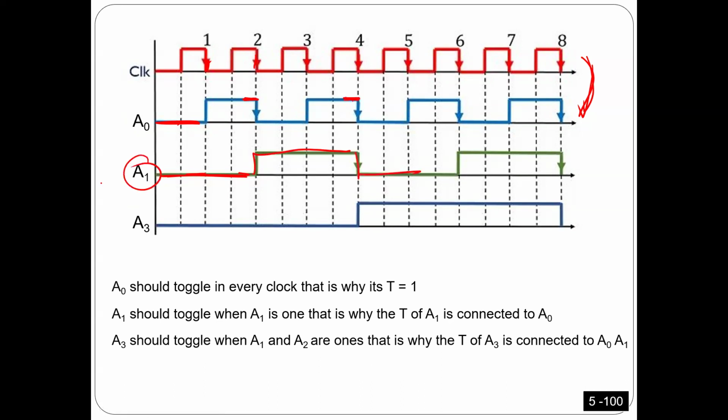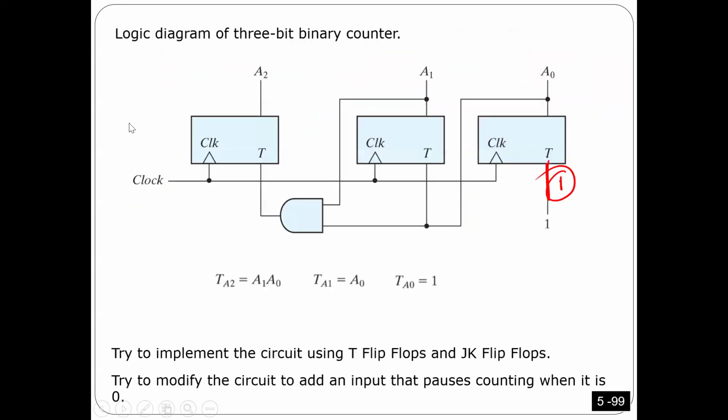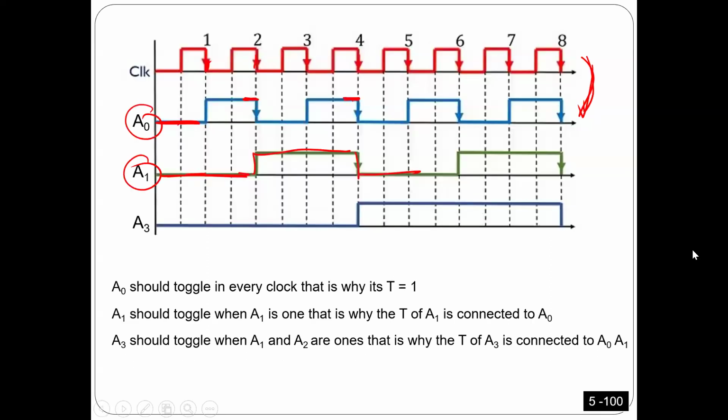So you can see E1 is going to toggle only when E0 equals 1. When E0 equals 0, no change. You got what I'm saying? That is why T should equal E0, so that when E0 equals 0, no change. When E0 equals 1, it's going to toggle, because this is what I see here. That's what I want to do in this sequence.